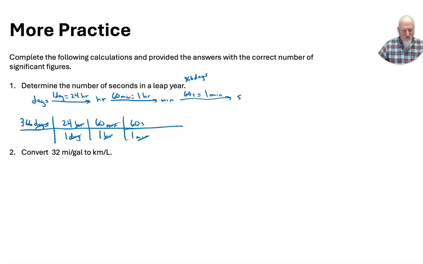Minutes cancel, and I have seconds left. Do the calculation. Sorry, I might have been off the screen for a second. 366 times 24 times 60 times 60 gives me 3162240 seconds.